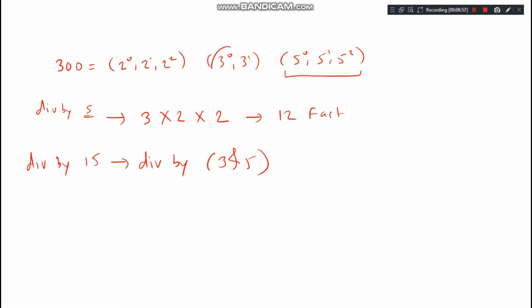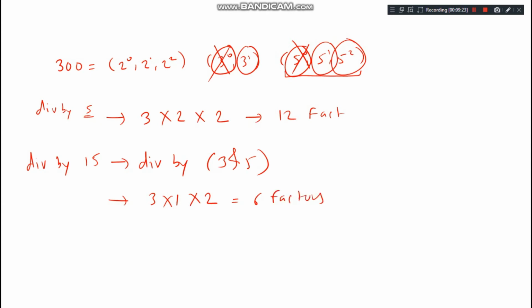There are two numbers here, out of which one is not divisible by 3, so it is gone, and out of three numbers here one is not divisible by 5, which is again discarded. So how many are we left with? 3 from the first bracket, 1 from the second bracket and 2 from the third bracket, which gives me a total of 6 factors. So there are 6 factors which are divisible by 15.